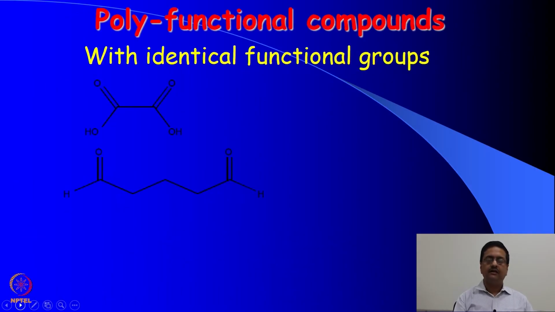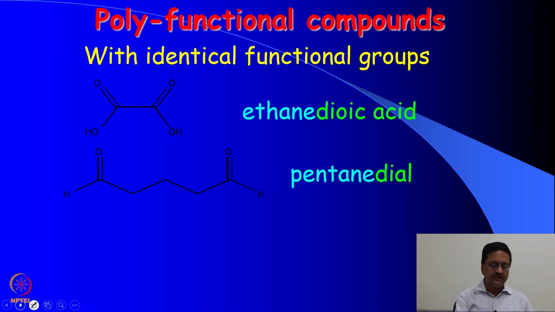There are many organic compounds which have more than one functional group, may be same or different. So, they should be named in that way. Here we have a dicarboxylic acid which is commonly known as oxalic acid. Its IUPAC name would be ethanedioic acid.